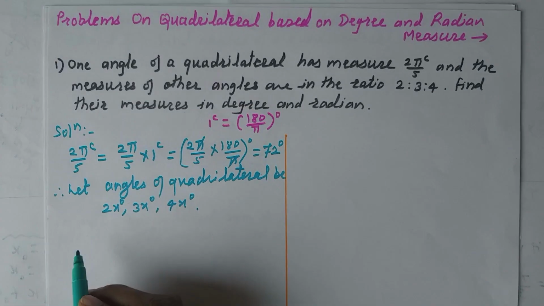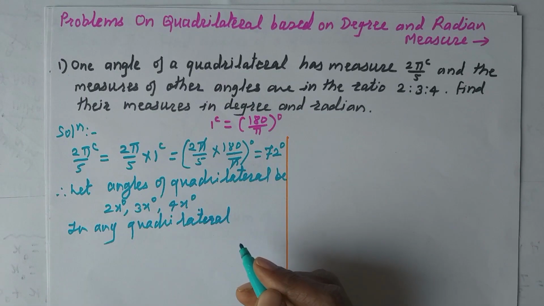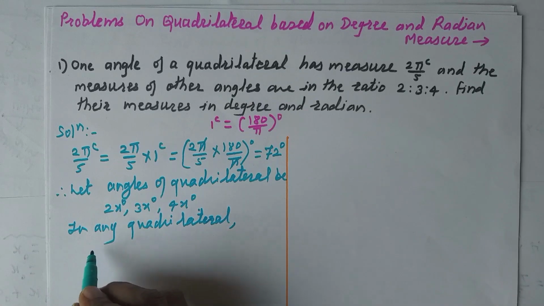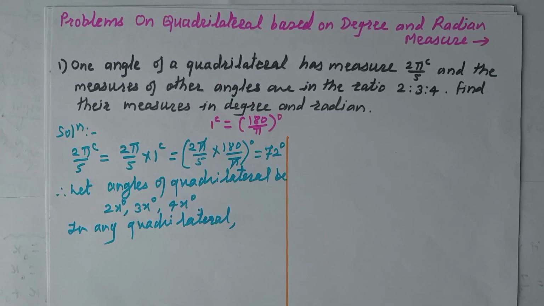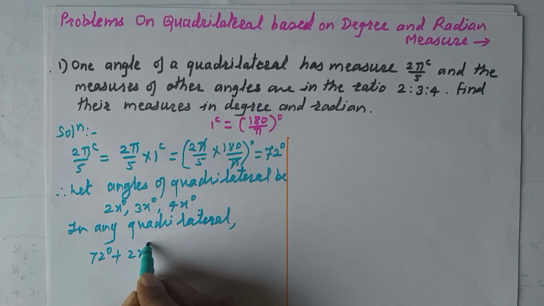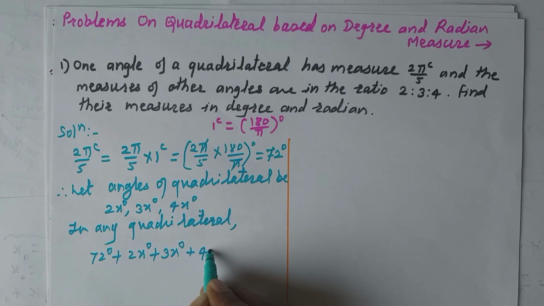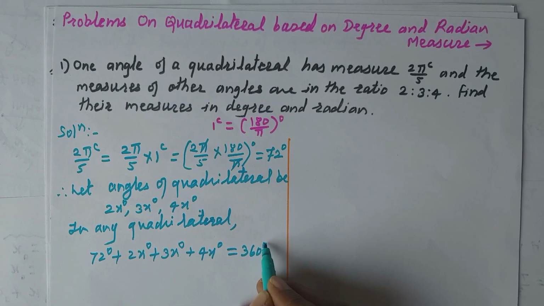Then we know one of the properties of a quadrilateral, that in any quadrilateral the sum of all the four angles is equal to 360 degree. Now here the first angle is 72 degree. The second angle is 2x, the third angle is 3x and the fourth angle is 4x. Now this sum is equal to 360 degree.